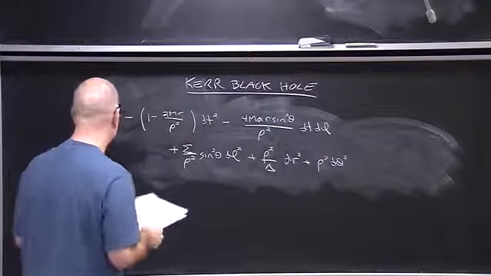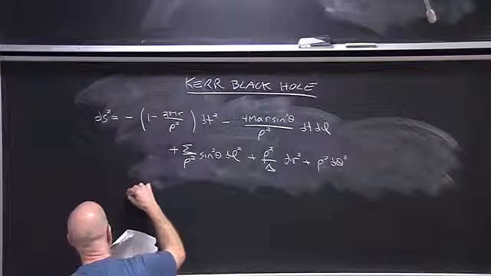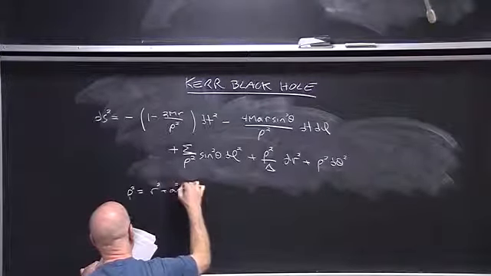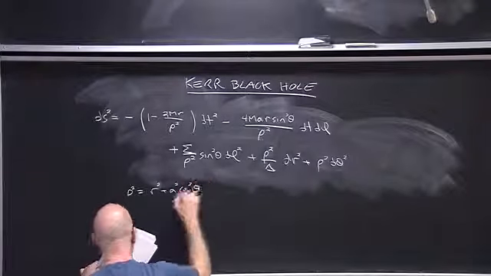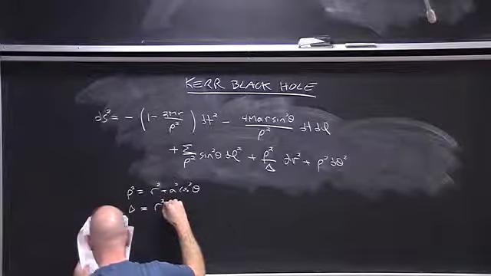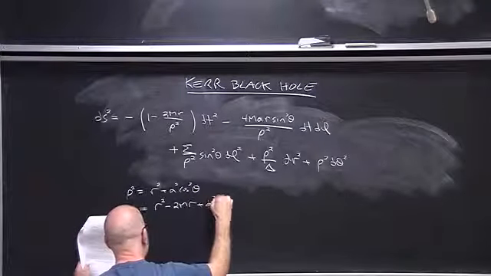So that's the Kerr metric, and in terms of a few symbols, we've got rho squared, that's defined as r squared plus a squared cosine squared theta. We've got delta, that's defined as r squared minus 2m times r plus a squared.